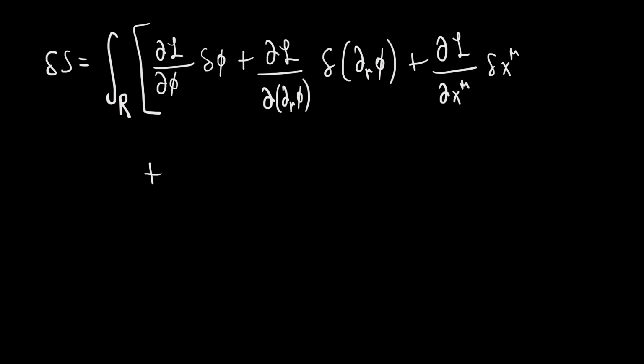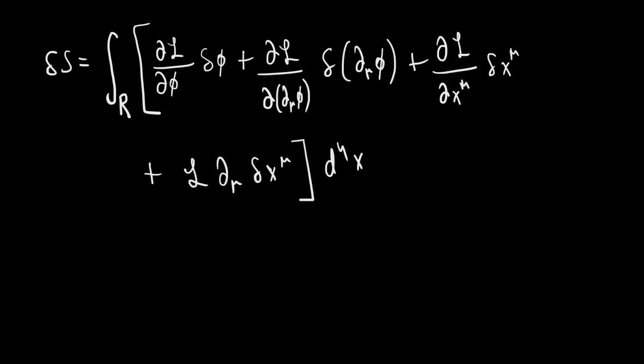So this is our delta L. Then there was L del mu delta x mu, d4x. So this is our delta S.